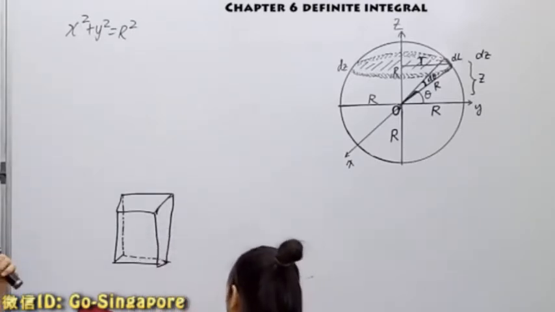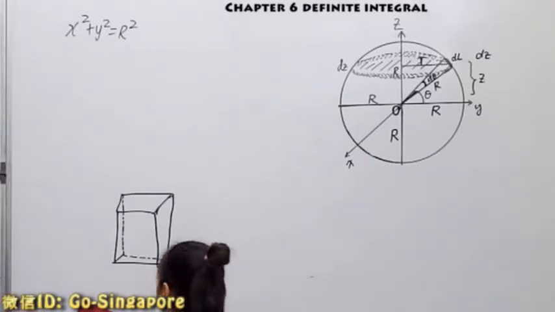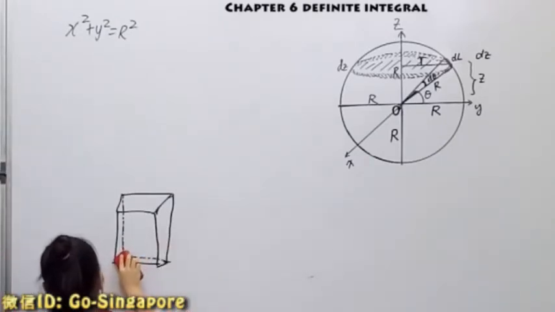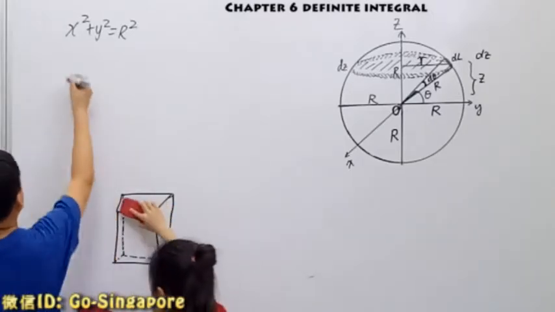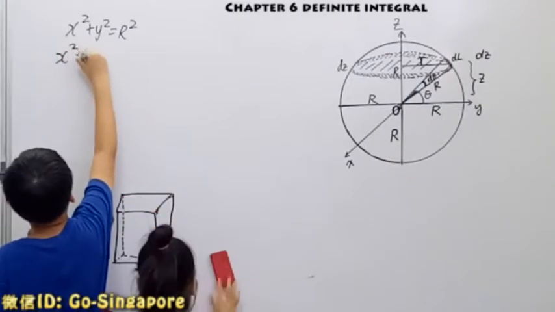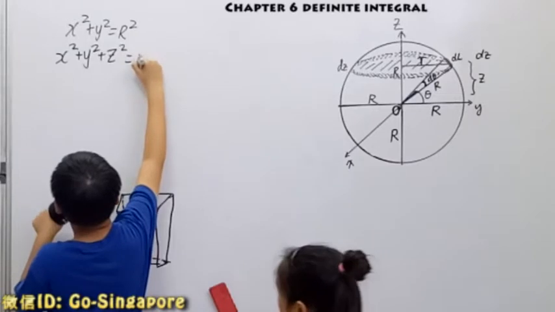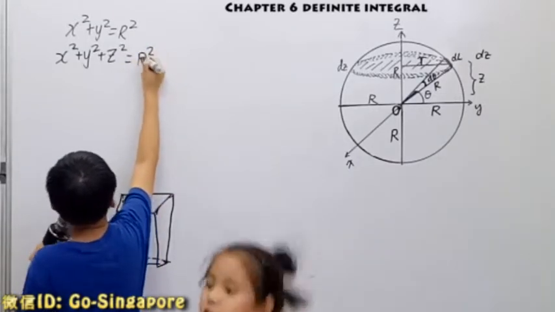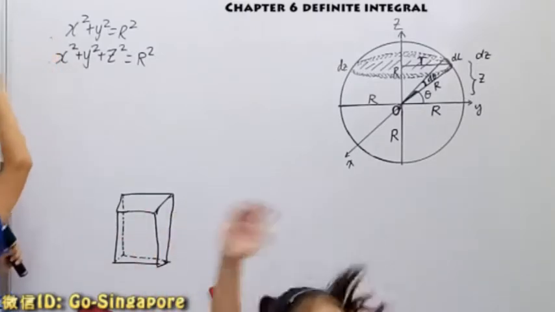Remember that analytic geometry and calculus can come together. Then how about this? This is a sphere.